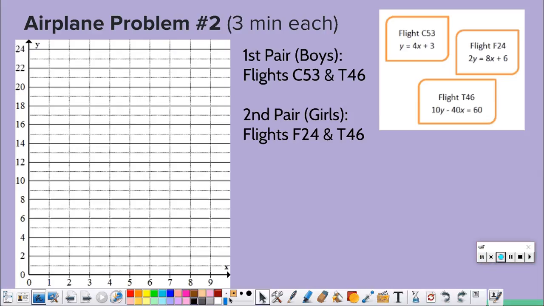So how am I going to go about changing flight F24? What's keeping y from being by itself? Yes, ma'am, the 2. Okay, what is this 2 doing to the y? It is multiplying. How do I undo multiplication? Divide.